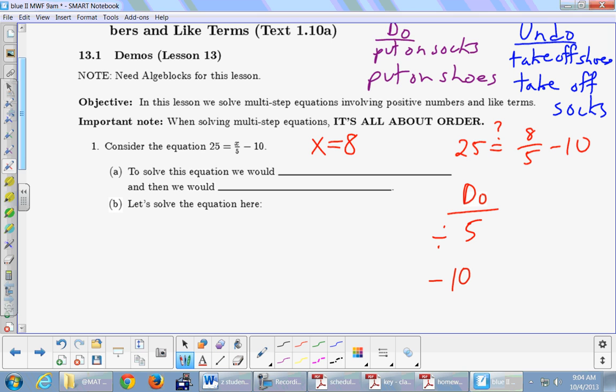Okay, so then if we are going to undo all this stuff that we did, remember you do everything opposite but also in the reverse order. What do we do first? Add 10, and then multiply by 5. So that's what we write here in the blanks. We would add 10, and then we would multiply by 5.